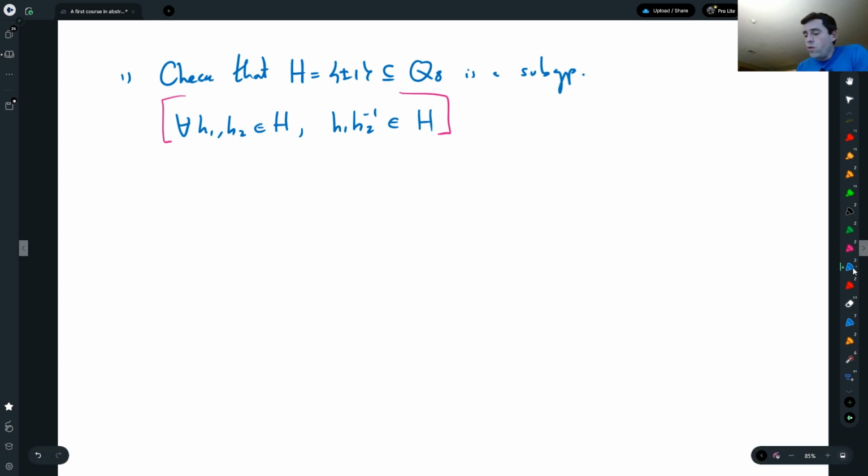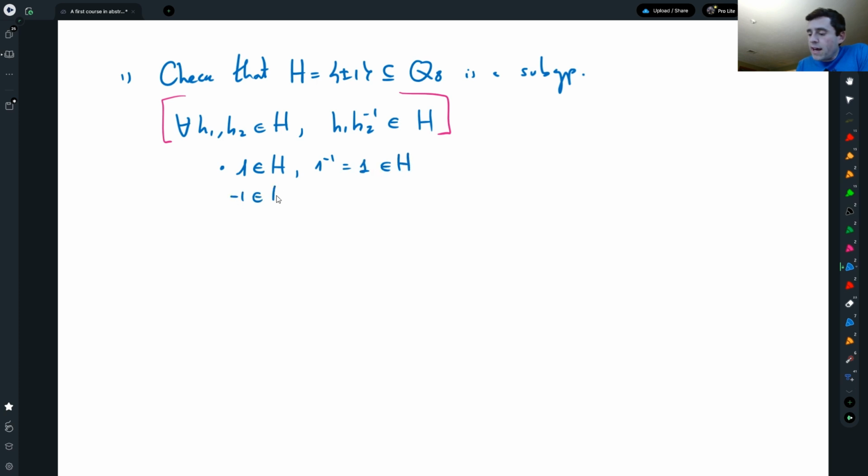So I can do that. First of all, notice that 1 is in H, and the inverse of 1, which is 1 itself, is in H, and minus 1 is in H, and minus 1 inverse is minus 1, which is also in H. So H is closed under inverses.